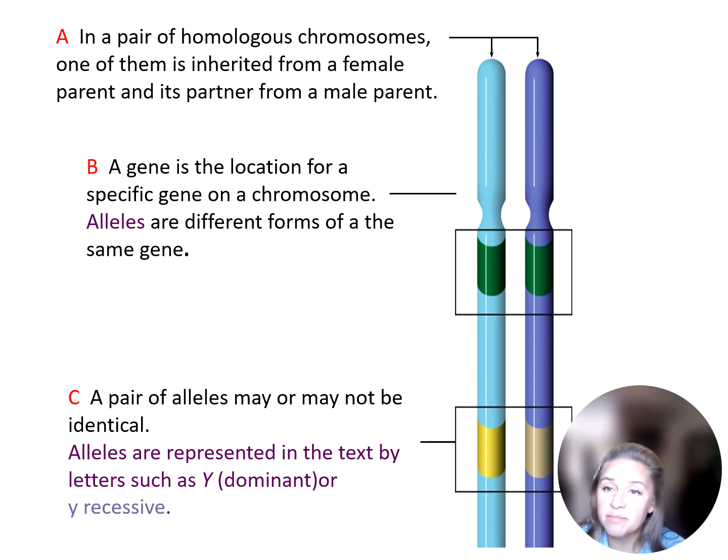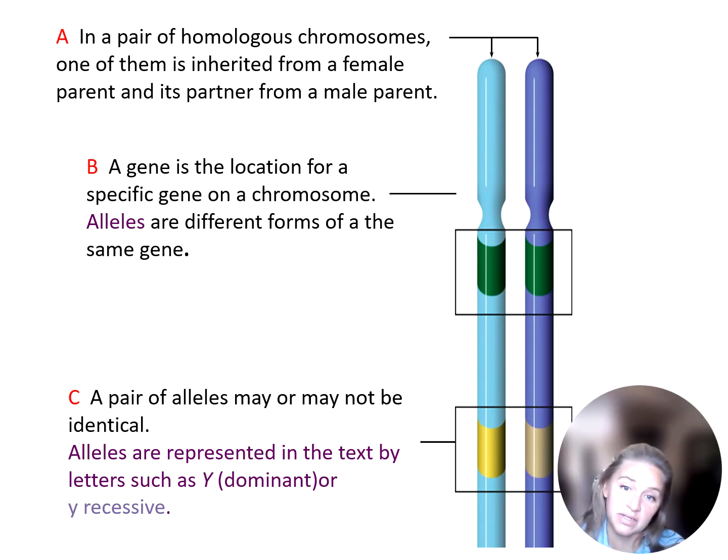So, the reason that this is so is because in a pair of homologous chromosomes, one of them is inherited from the female parent, the other from the male parent, and the gene is located in the same place on the chromosome. So alleles are different forms of the same gene. So, for example, if you have a mom and a dad, and this is the gene for eye color, you would have two alleles for eye color.